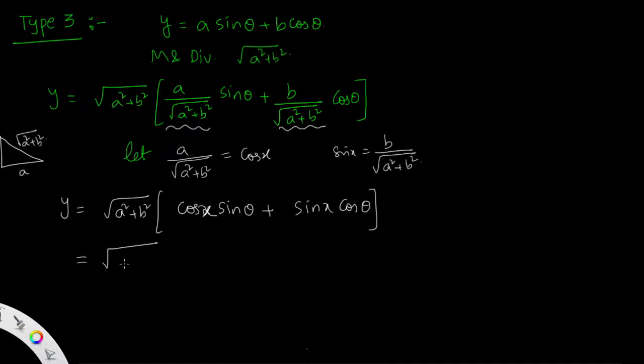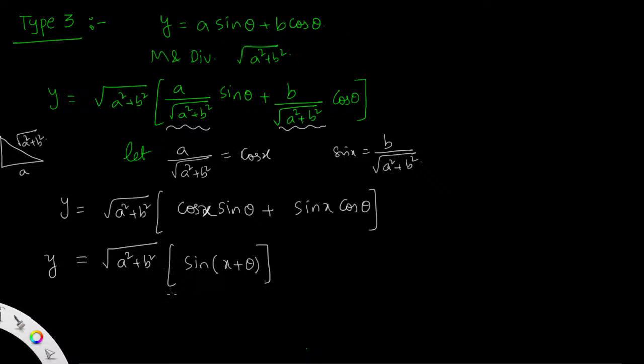Therefore root of a square plus b square into, now this is the form of sin a cos b plus cos a sin b, so that is sin of x plus theta. So the expression goes into the form of a single term. If two terms are there, we have to convert them into a single term.